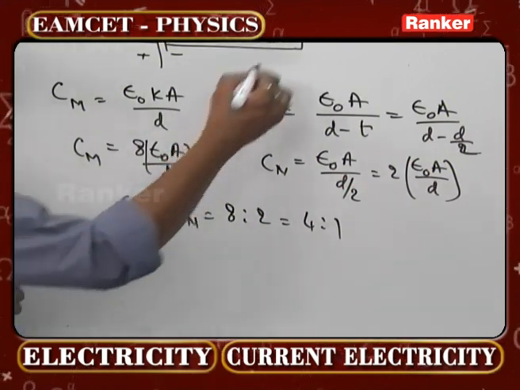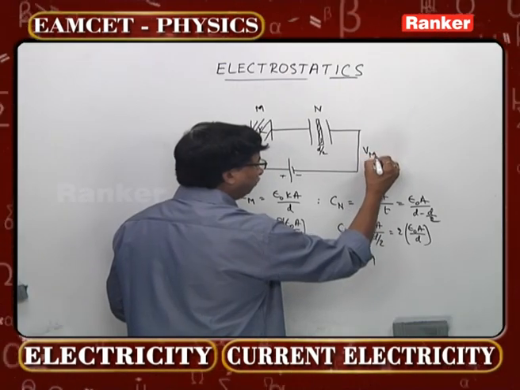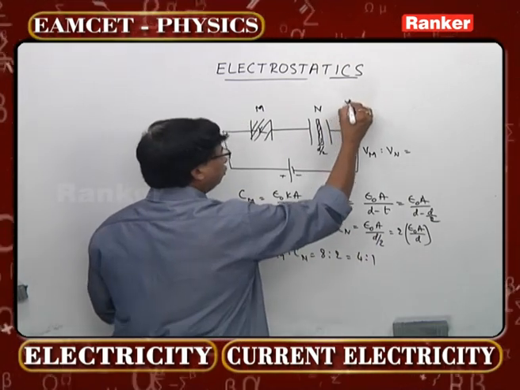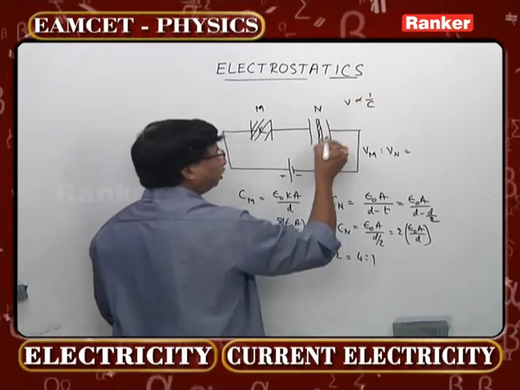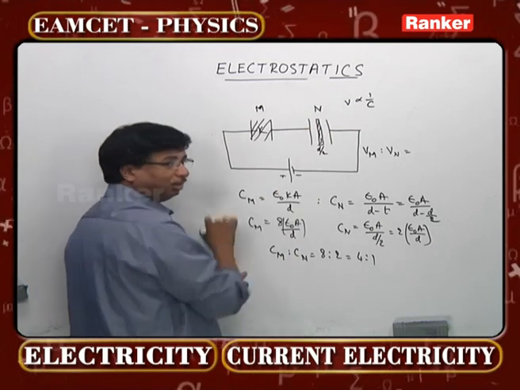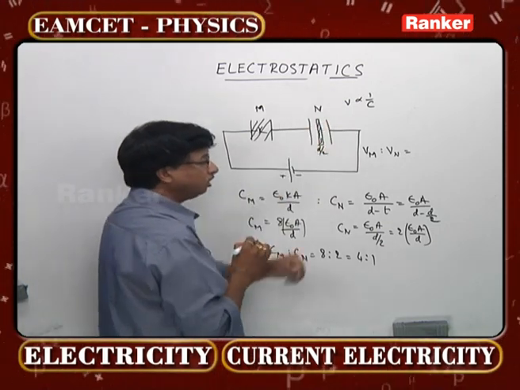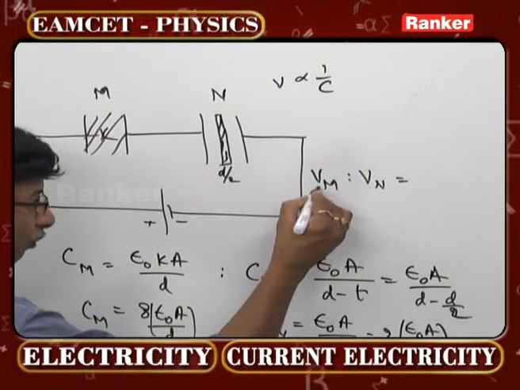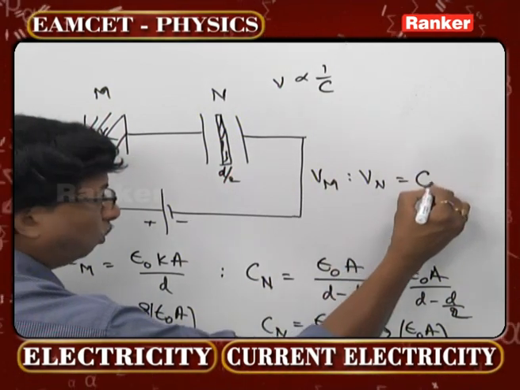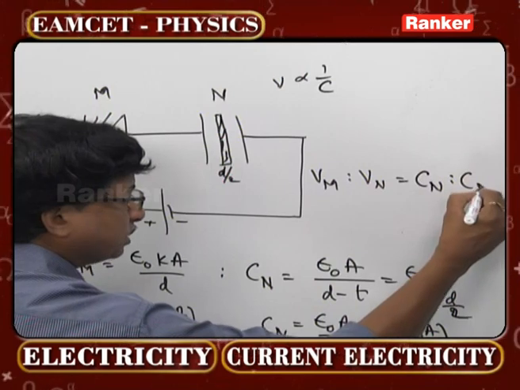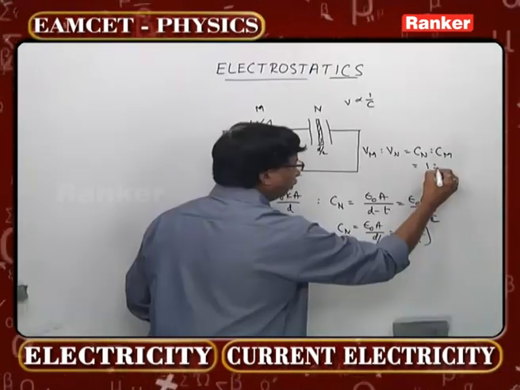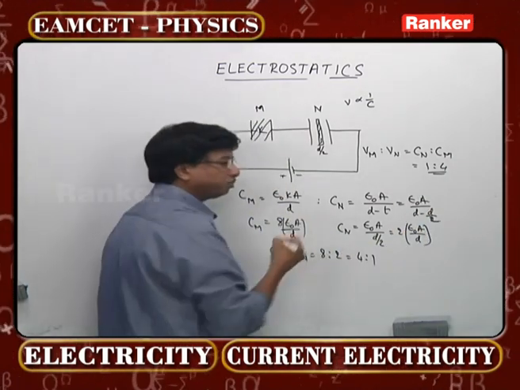So I should now write what is Vm is to Vn. You can understand well, potential is inversely proportional to capacity when connected in series. I have already mentioned that point in the beginning today. Then automatically you can write Vm is to Vn is equal to Cn is to Cm. What is Cn is to Cm? 1 is to 4. That must be the correct option for us.